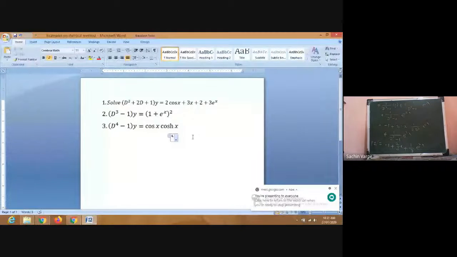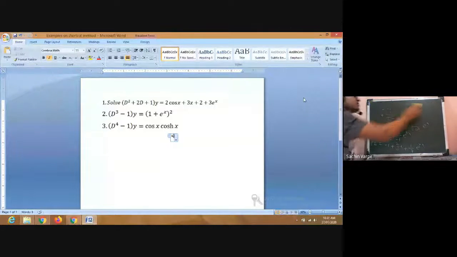Now the next one is (D^4 - 1) y = cos x cosh x. Take the next question. cos x cosh x.